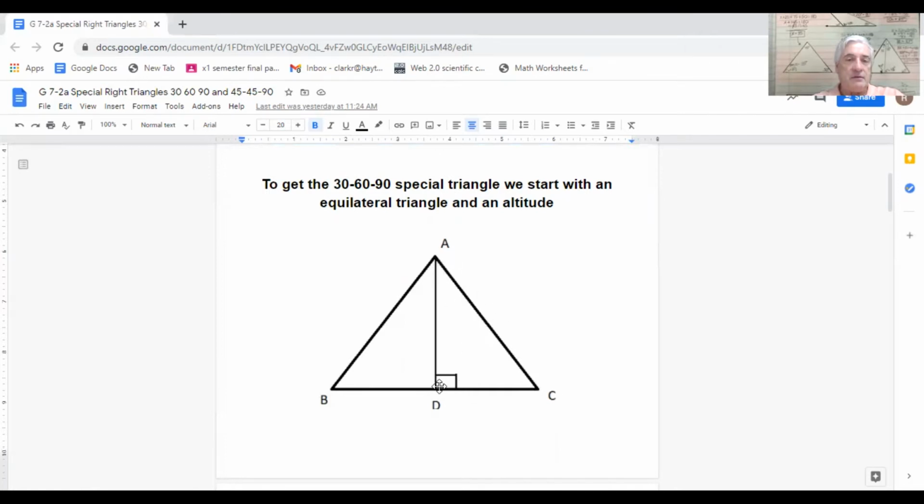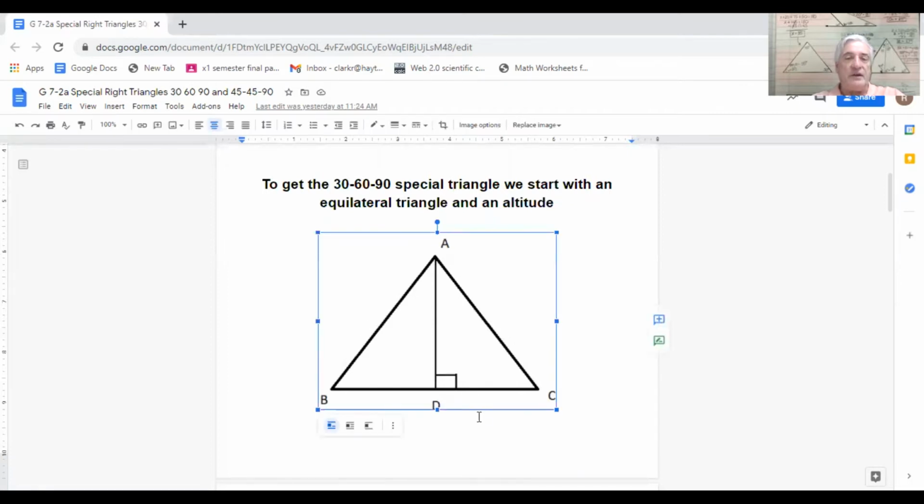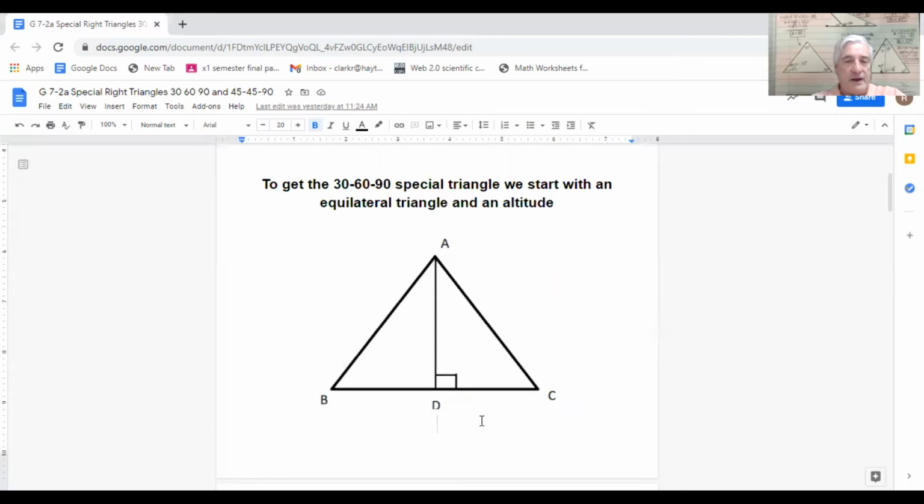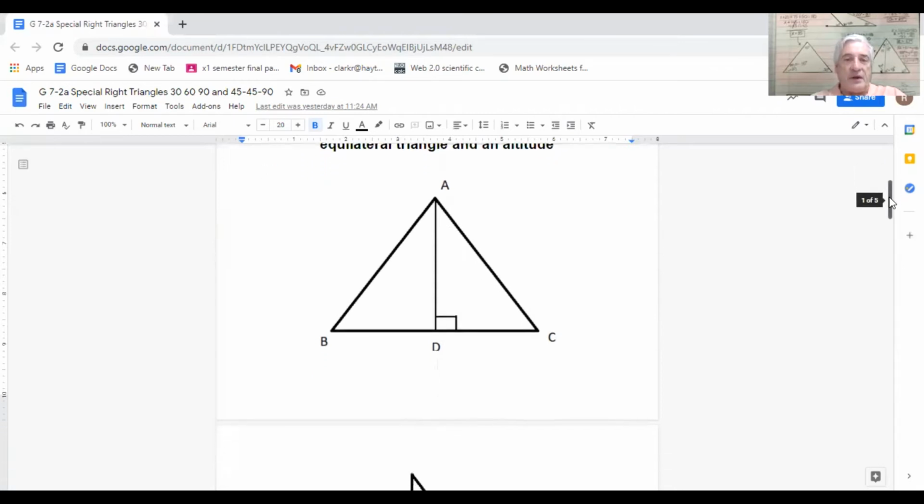In this triangle, let's say this side was 2x and 2x and 2x. Well, then this side is 1x, half of that 2x. So I now know in this triangle, the short side, the one across from the 30-degree angle, is always half of the hypotenuse. Now let's use the Pythagorean theorem.